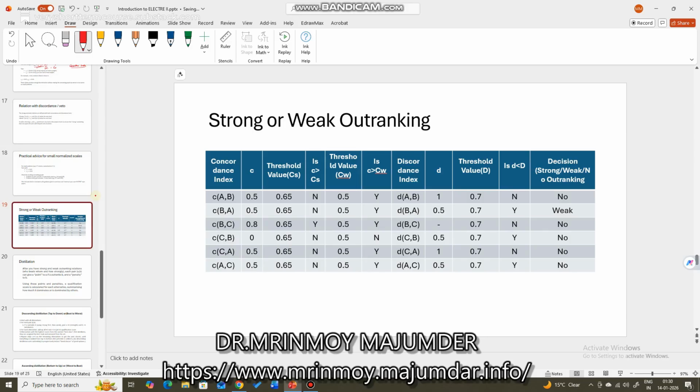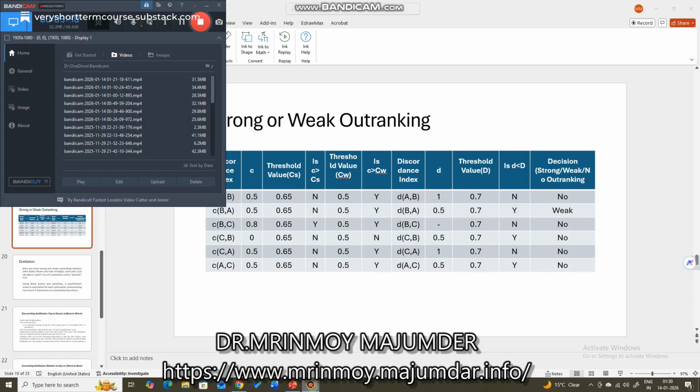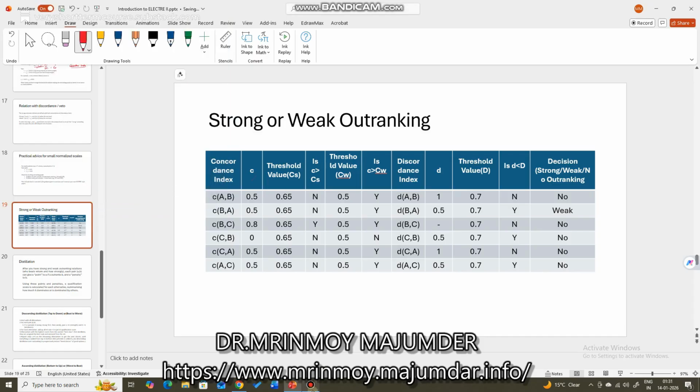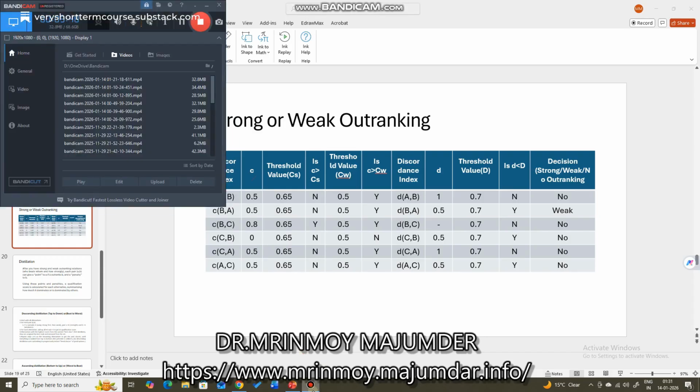So this is the concordance index C A by B. Weight of the index has come here as C. This is 0.5, and then this is your threshold value. We have calculated it to be 0.65, right?